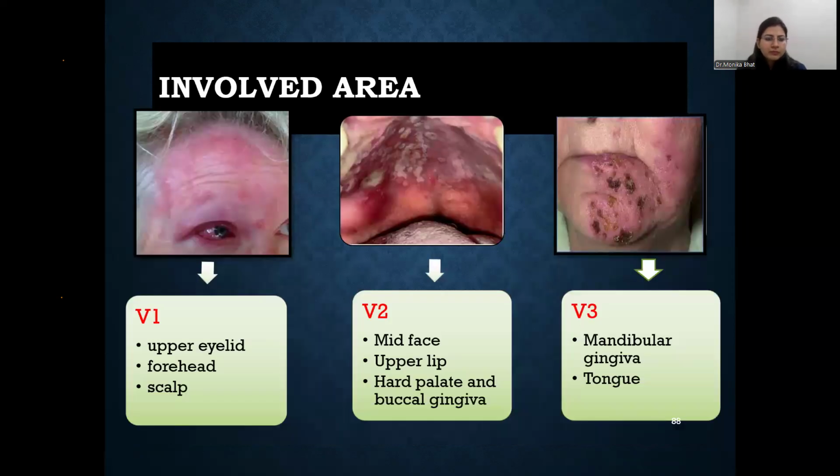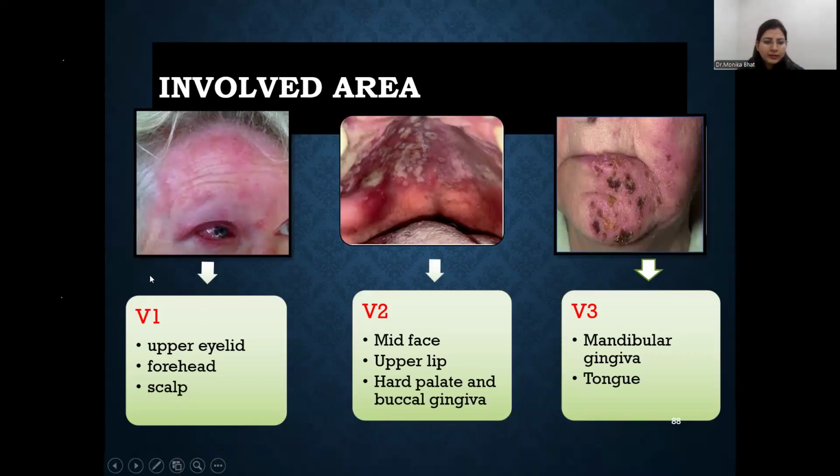The involved area can be V1, the trigeminal nerve part 1, V2, or V3, that is the ophthalmic, maxillary, or the mandibular branch. Whichever branch is involved, the lesions will appear on that side of the region.